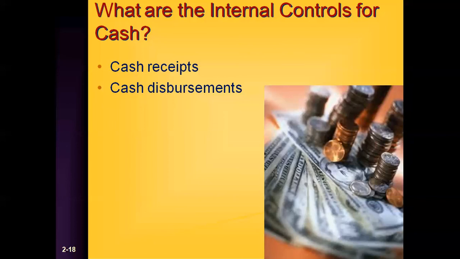Cash disbursements. When a company makes a payment, who has authorization to cut checks, to write checks, as well as who has authorization to approve those? Typically, there needs to be a separation of duties. Bank reconciliation is very important. You're going to keep a balance of your cash in your internal accounting system, so you know what your cash balance is at any given point in time.